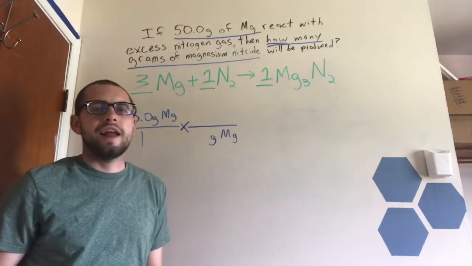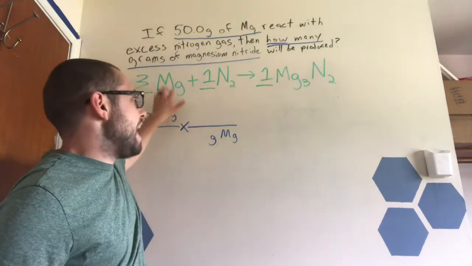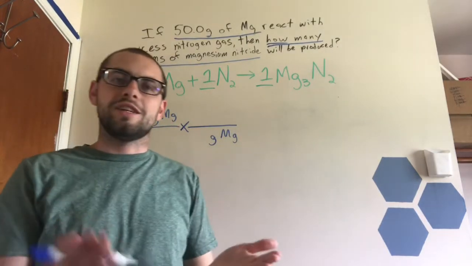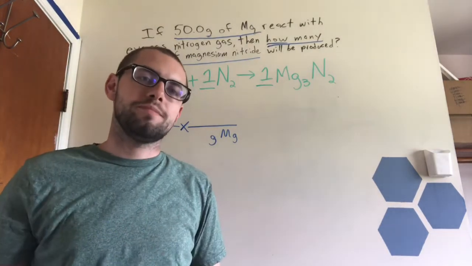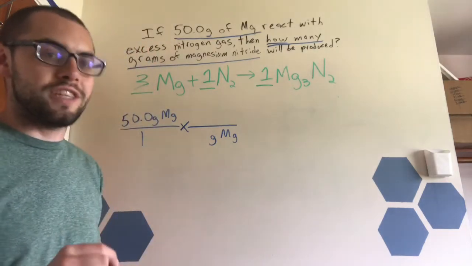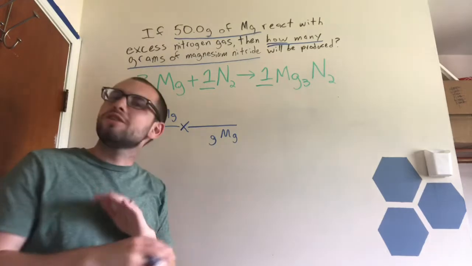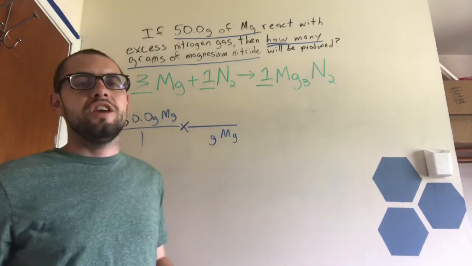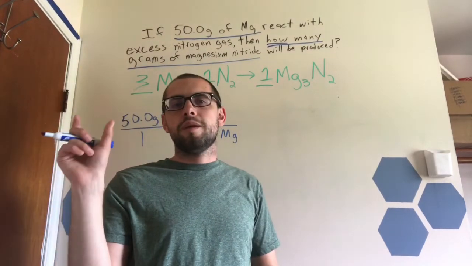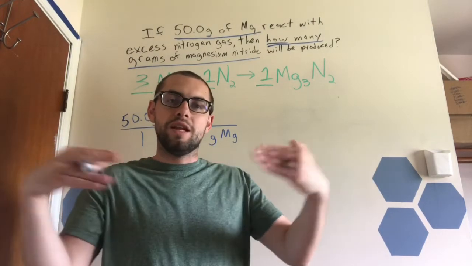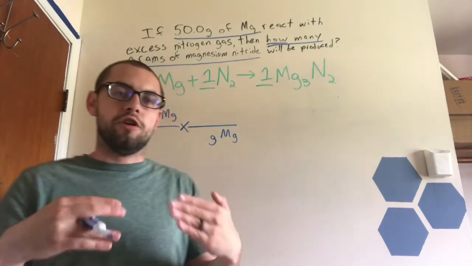I need to make the connection from reactants to products. And the only way to do that is to go over the bridge, the mole bridge. But I'm not in moles yet. I'm still working with grams. There's no such thing as a gram bridge. You can't go directly from grams of reactant to grams of product. You need to go through the middle, through the moles first.